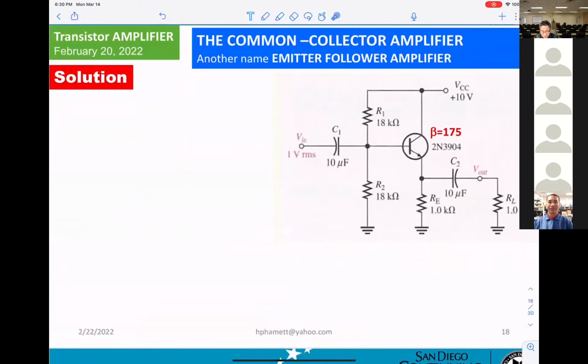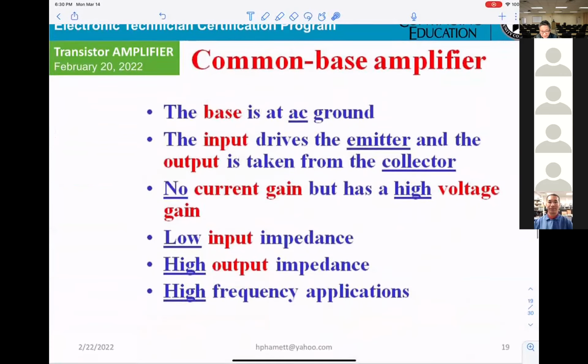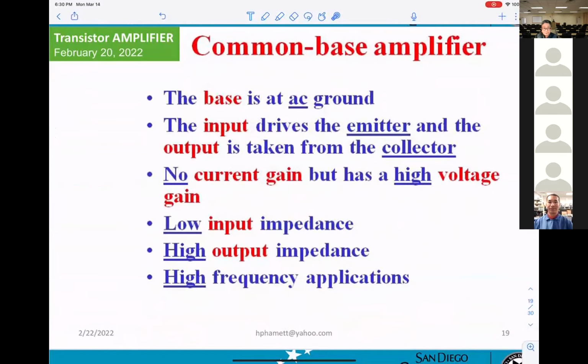Okay, solution for what you calculated. Common base. Now you get better. Common base, AC route. Input is applied to the emitter and output is taken from the collector.